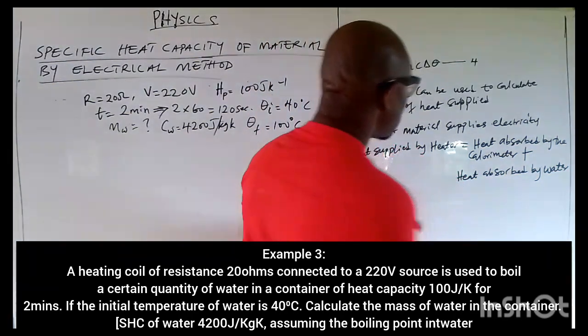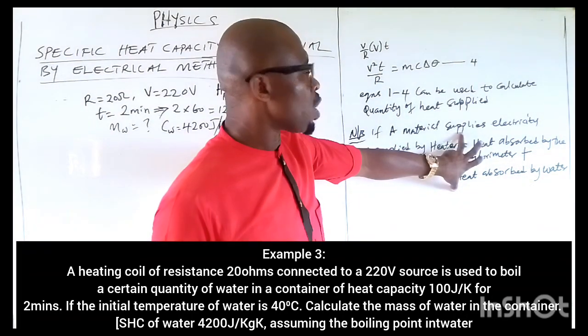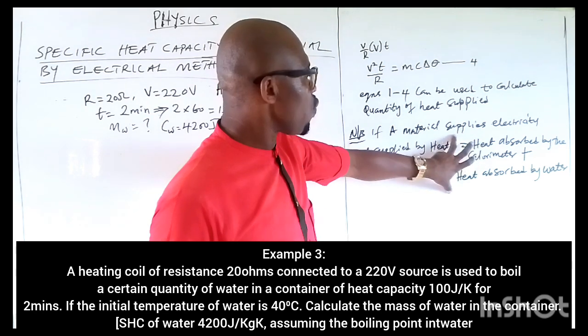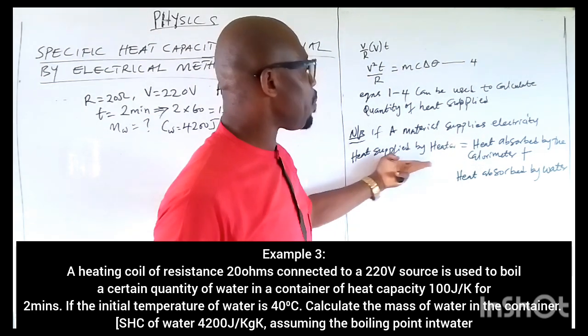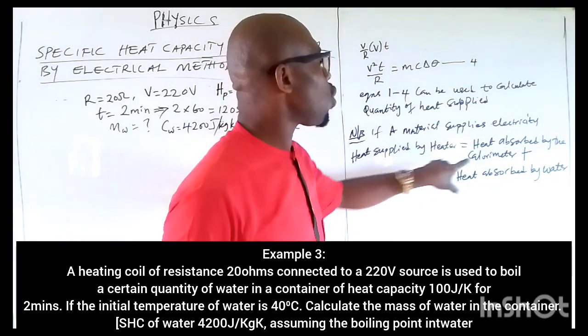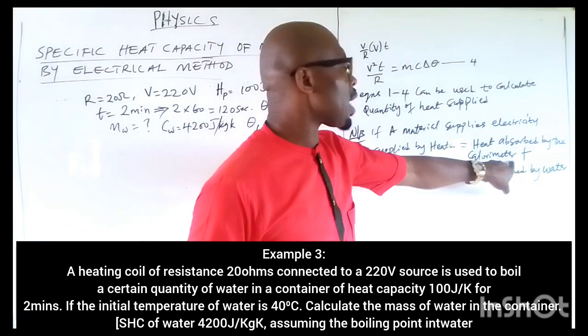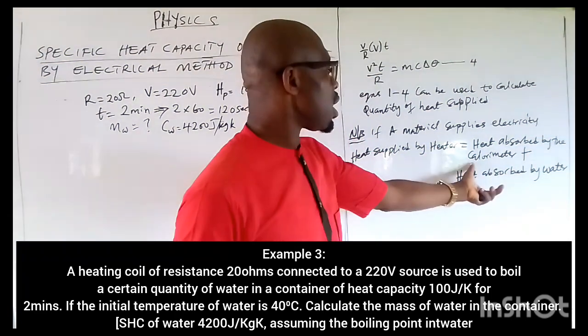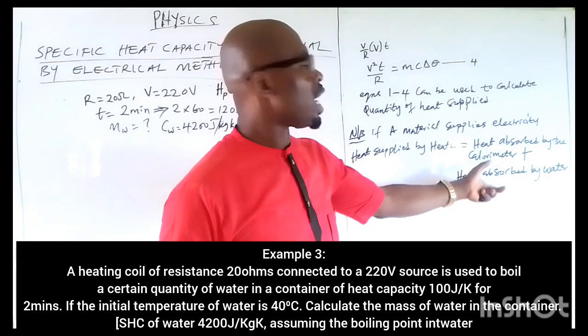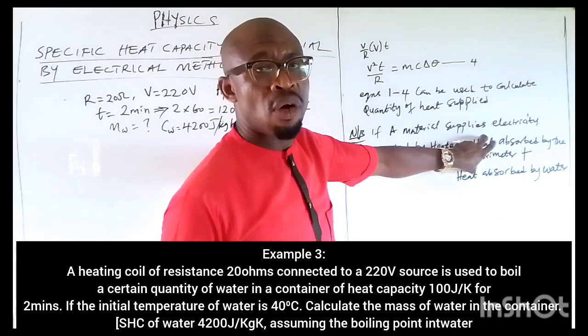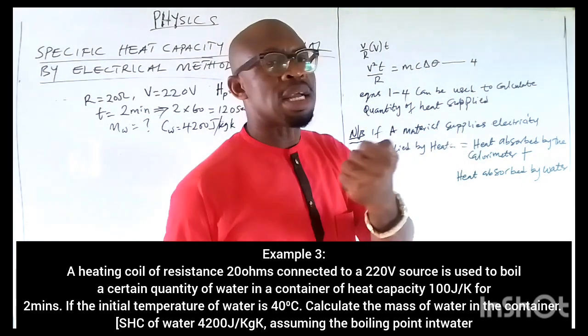Now, of course, we apply this formula. Heat supplied by heater is equal to heat absorbed by the calorimeter and heat absorbed by water. Now, for that of the calorimeter, remember we did heat capacity.